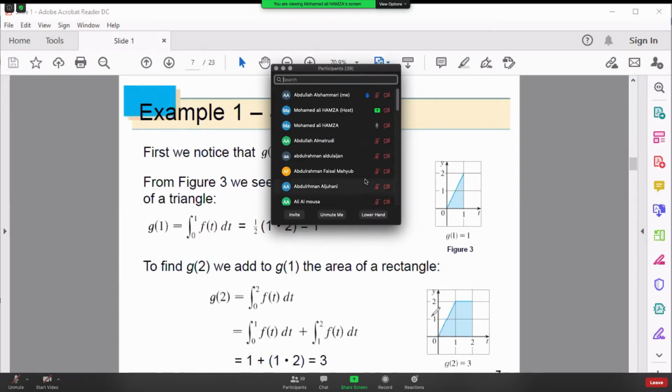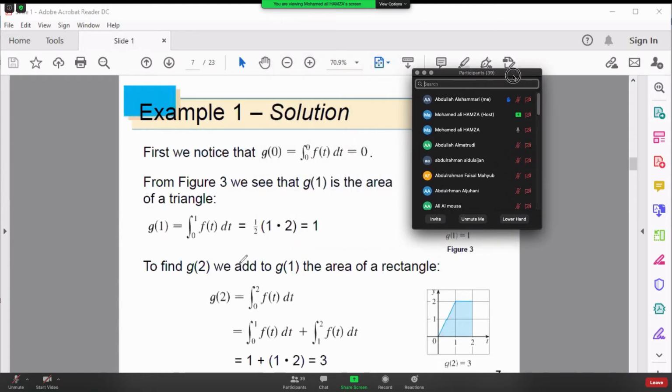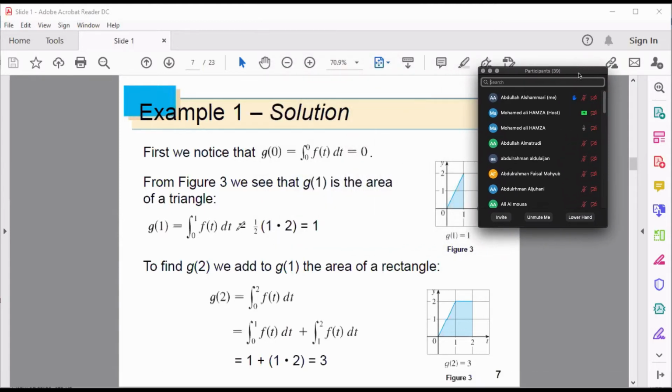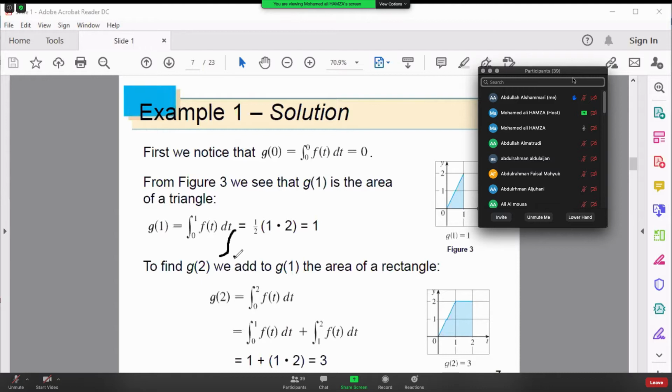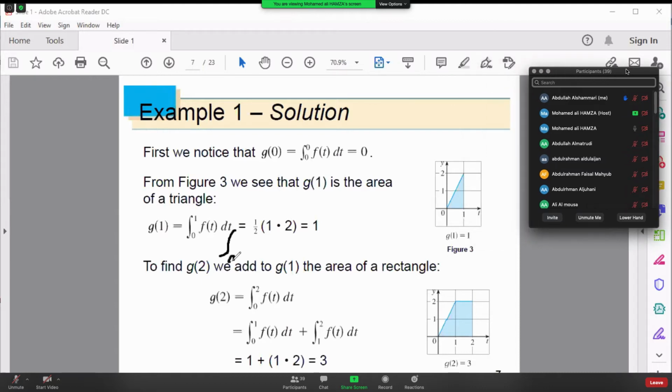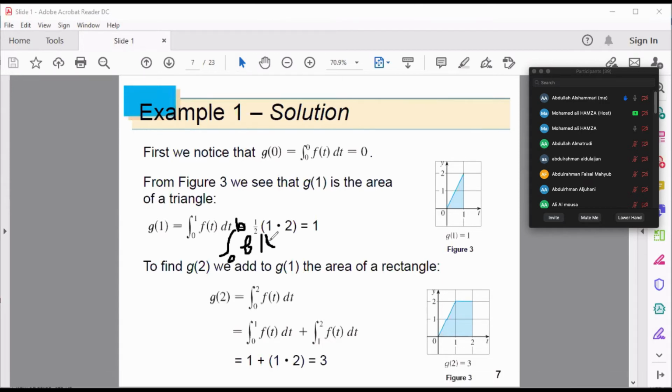or we can use the formula. The formula studied before: integral between a and b of f of t dt is equal to what? We can introduce any point between a and b.